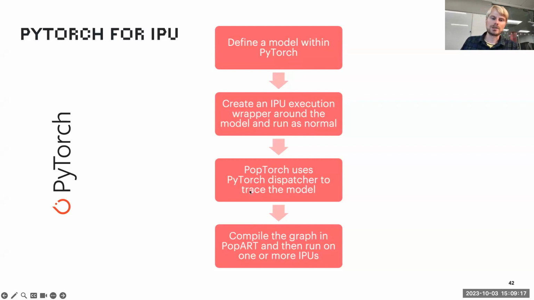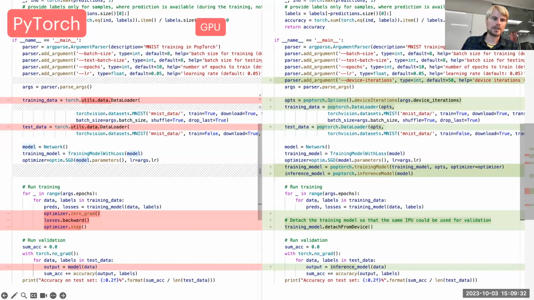Then PopTorch extracts the graph using the PyTorch dispatcher and takes care of compilation and the backwards pass on the IPUs. A typical program, when we say port a PyTorch script from GPU to the IPU, is shown on this slide.